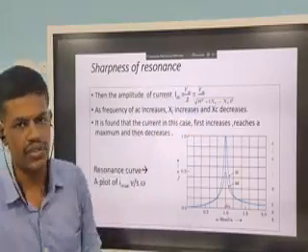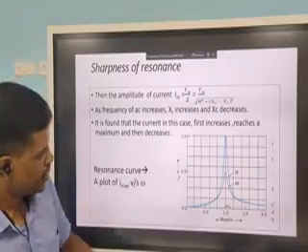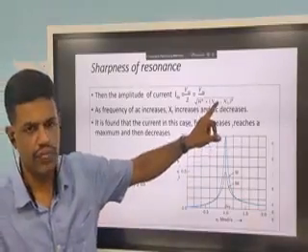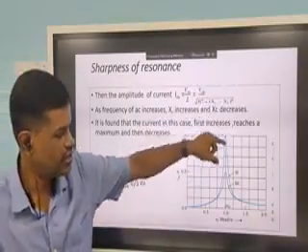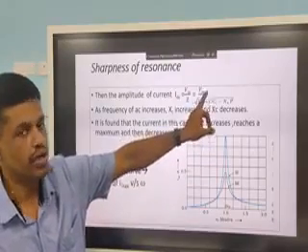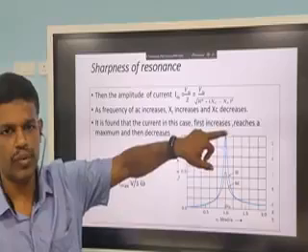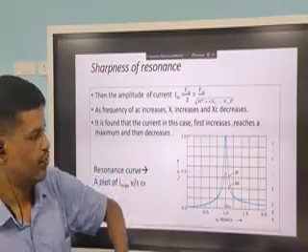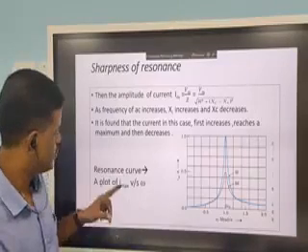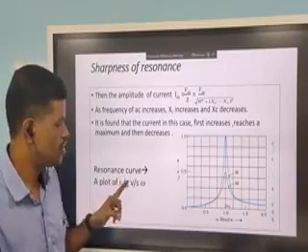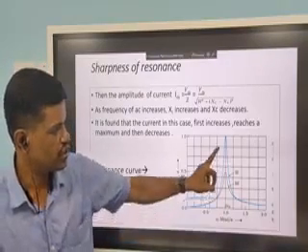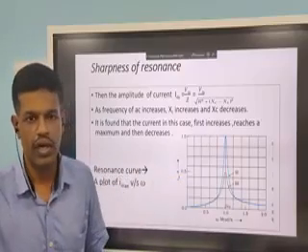So ultimately we can say that when the frequency increases, current first increases, reaches a maximum and then starts decreasing, because it depends upon this omega in two different ways. One is inversely proportional, one is directly proportional. So this is called the resonance curve. The resonance curve is a plot of current versus frequency. It is observed that current first increases, reaches a maximum and then decreases.